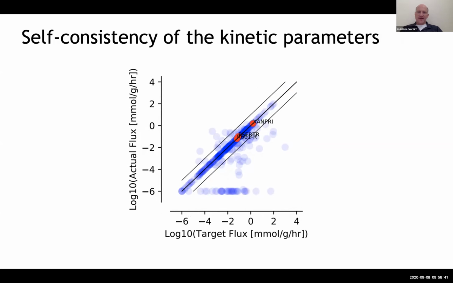Finally, in this area, we could compare all of the kinetic parameters that we had, because we have this optimization-based approach, right? We can compare the actual kinetic target fluxes that we found through curating all of that Michaelis-Menten kinetic data, and we can compare it to what the simulation actually comes up with, and you can see an incredibly much better agreement than I would have thought possible, with the exception of this set down here, right?